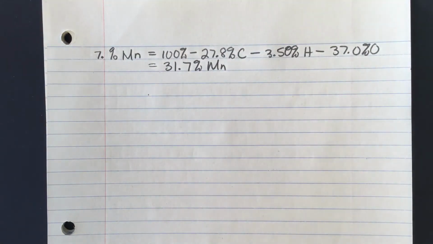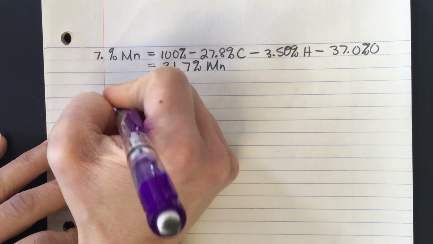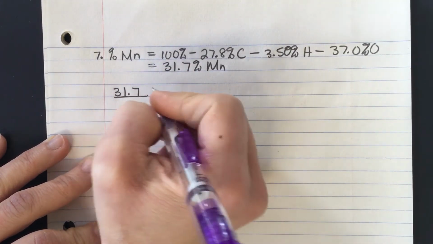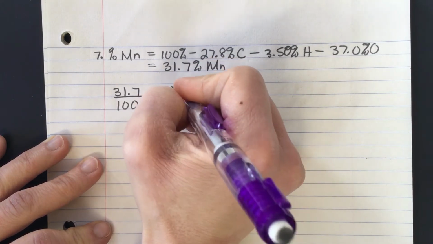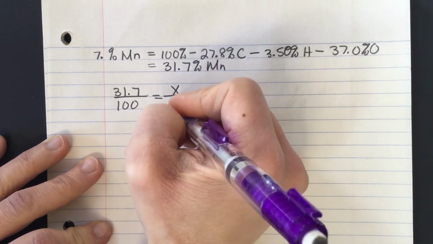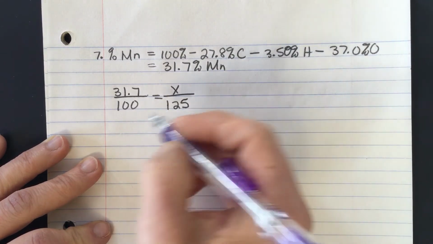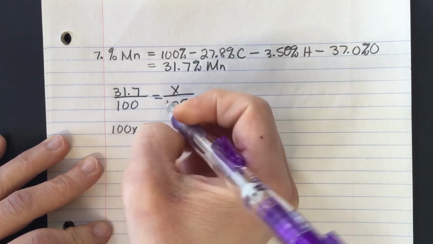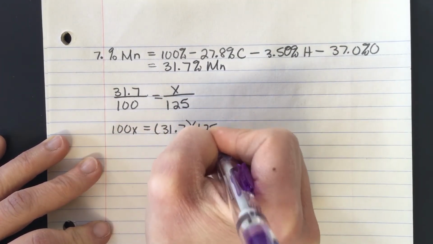We set up a proportion because I know that if there are 31.7 grams of manganese in 100 grams, then I can figure out the amount of manganese in 125 grams. So I cross multiply. 100x is 31.7 times 125.